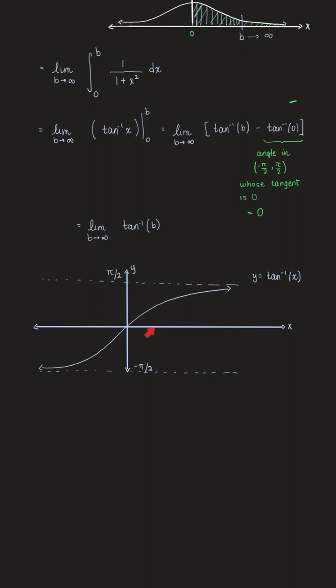As the input values get arbitrarily large, the output values are approaching pi over 2, right? Because it's never going to get beyond that asymptote. And so this limit, as b approaches infinity, of tangent inverse of b is equal to pi over 2. This is a finite value, which means that our improper integral will converge to this value.